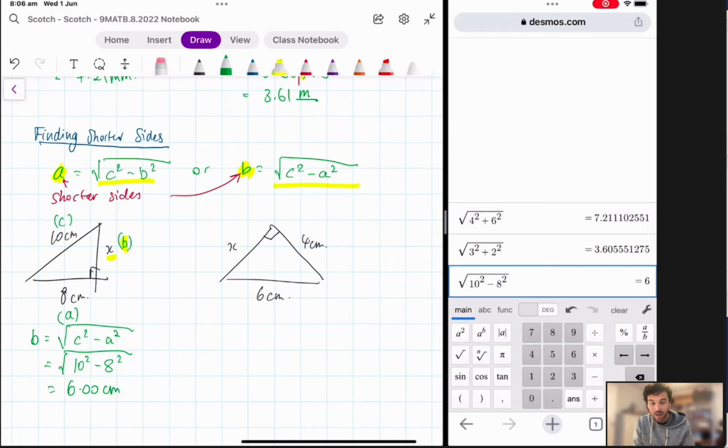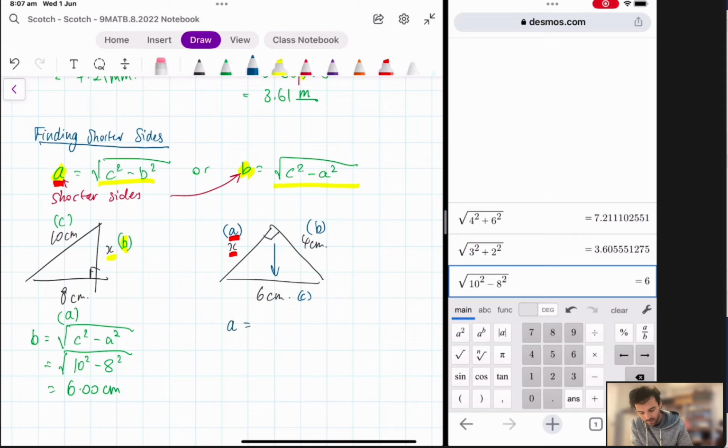There's our answer. So have a go at the one on your right, pause the video, and then press play when you're ready. So we're going to go through the answers now. First thing, we label our triangles. This is our C, it's opposite the right angle. This one can be our B, just to practice. And let's call this one our A, just to use the other formula. Now we can see here that we're trying to find A, so we're going to use this formula over here.